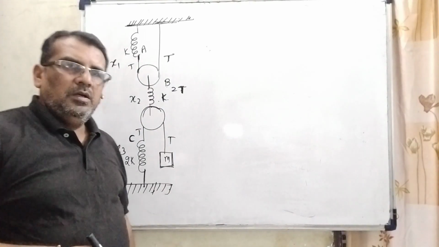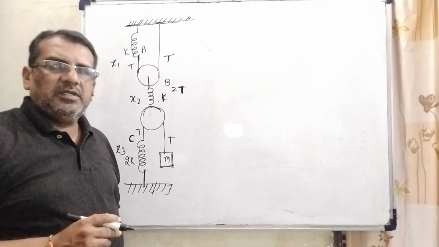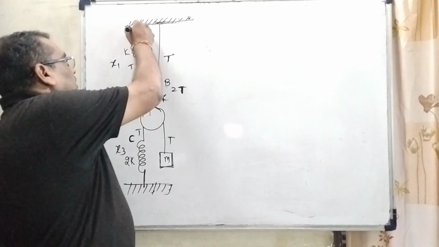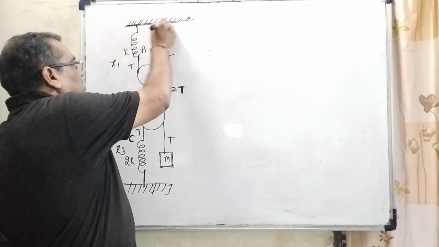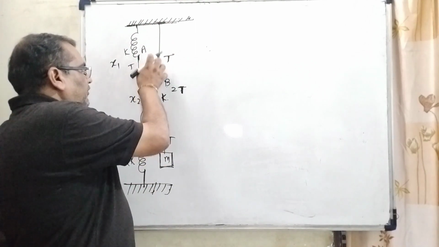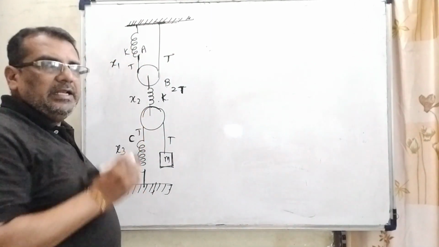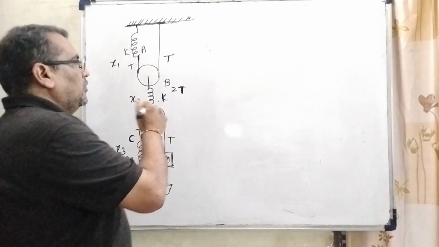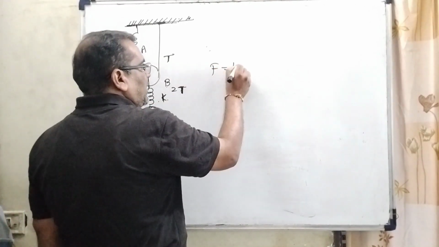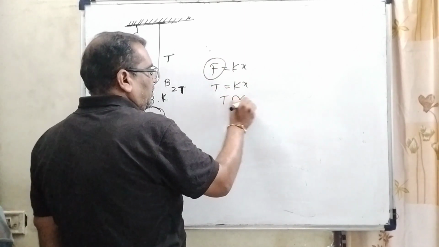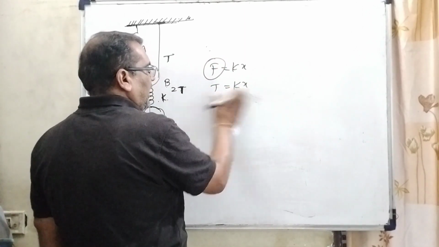Now, as for the constraint relation, what does it say? When the two ends are fixed or rigid and we apply some force, its elongation is directly proportional to the force, because force equals kx. Here the force is tension, so T is directly proportional to x.